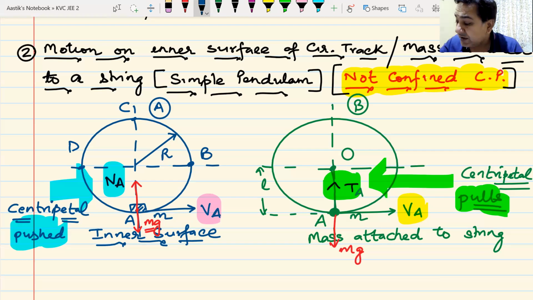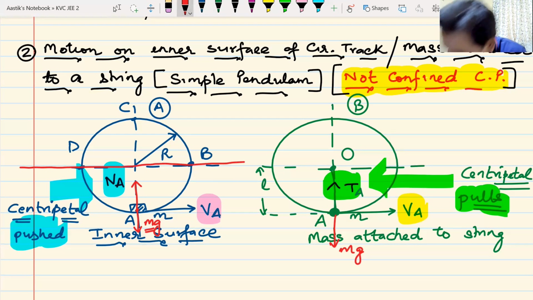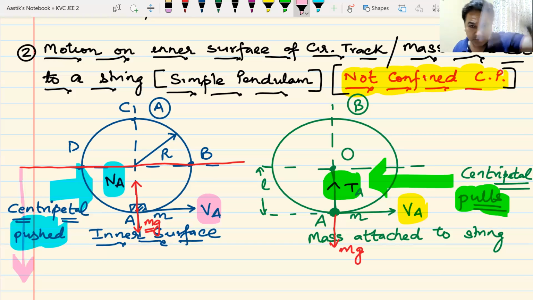Now, if I draw a diameter like this, connecting point B with D, I can draw the same thing on the other side. Whatever is below this line will obviously be the lower half of the circle.